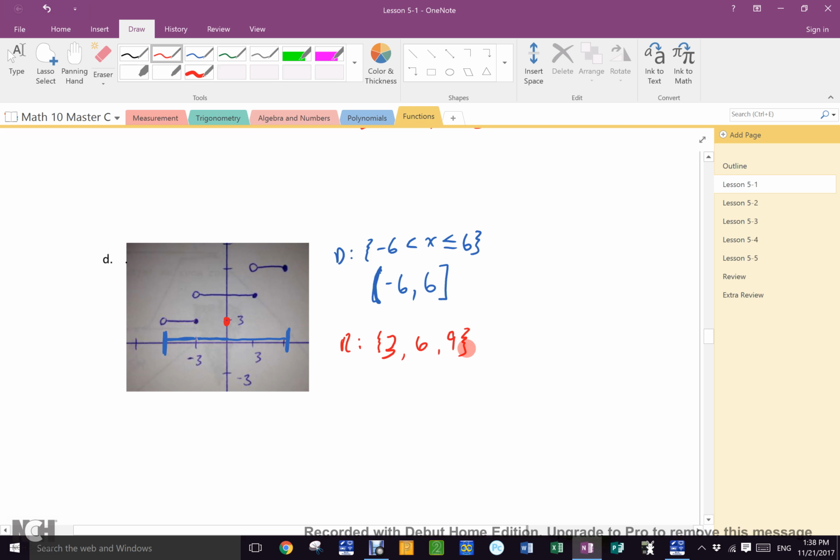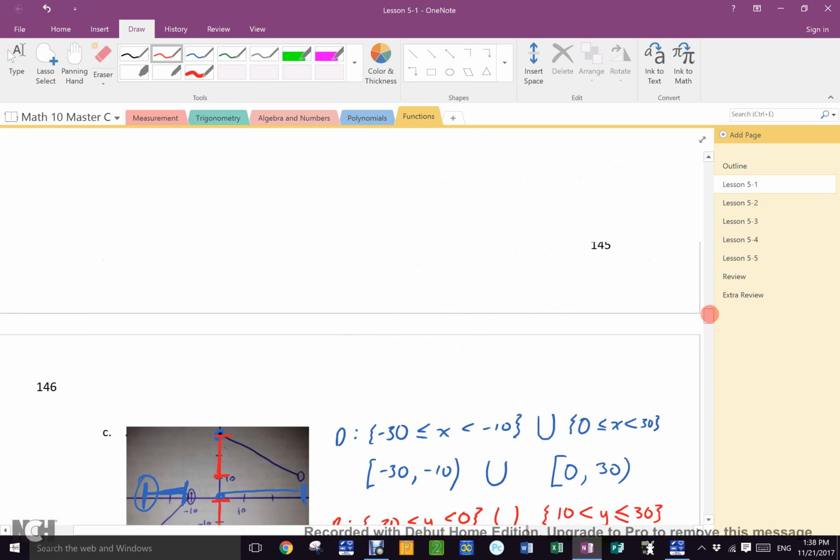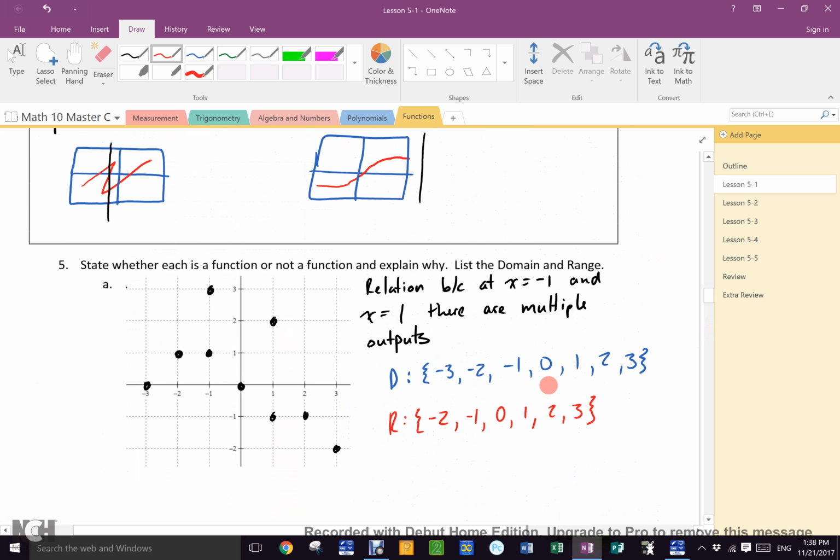9. Now, did I color in any of the axis? No. So can I do an interval? No. I cannot do an interval notation here because they are single values, just like up here.